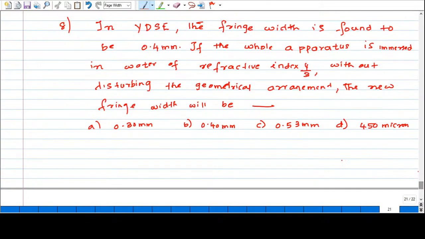See, he is asking the new fringe width. So let us see what things he has given. The fringe width, beta, is equal to 0.4 mm. Then he has given the refractive index, mu, is equal to 4 by 3.